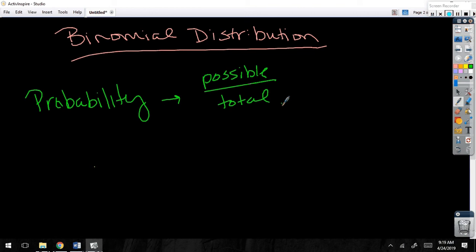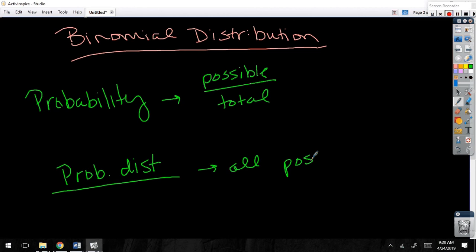So what a probability distribution does is it lists all possibilities with their probabilities in a nice little neat table.